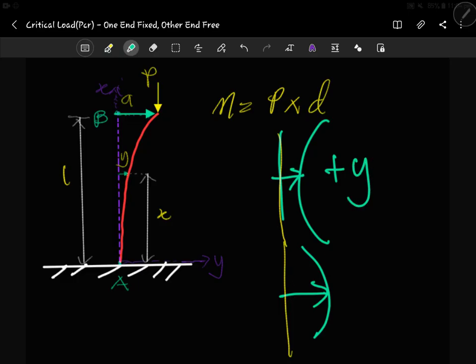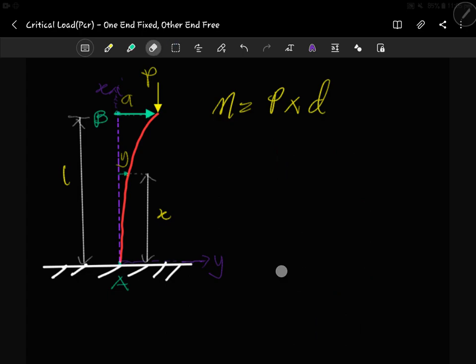But if we're trying to read the distance to a concave curve or a concave deflection, the distance we say is negative. Are we okay? Okay, so it's with this that we are going to continue to get the equation.